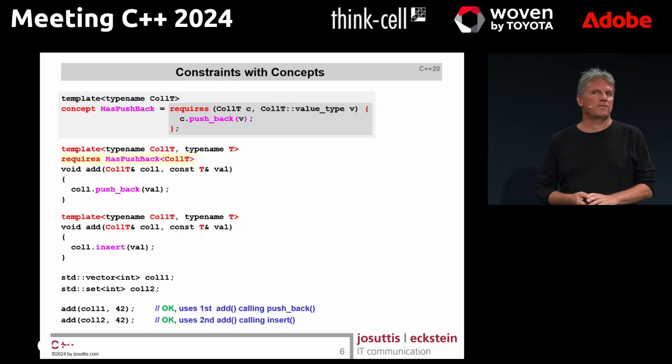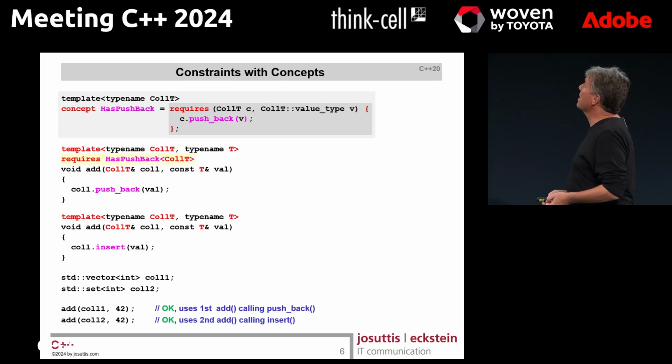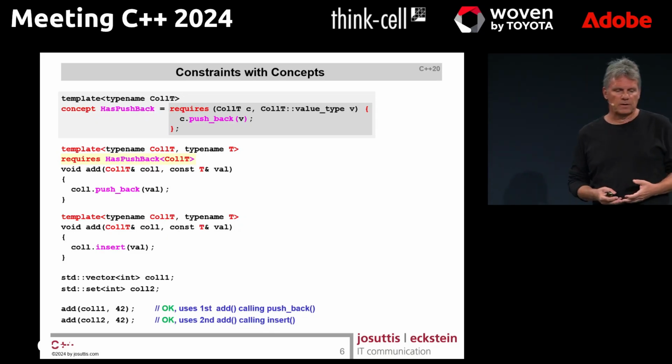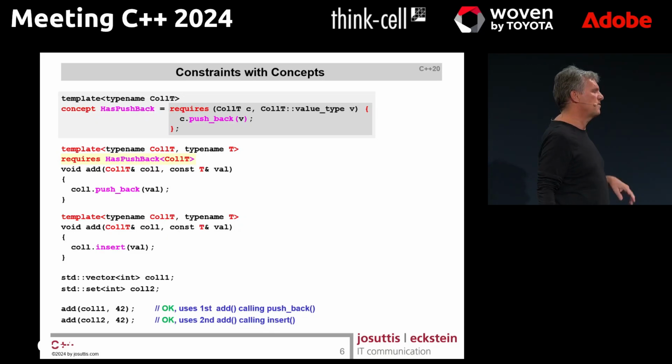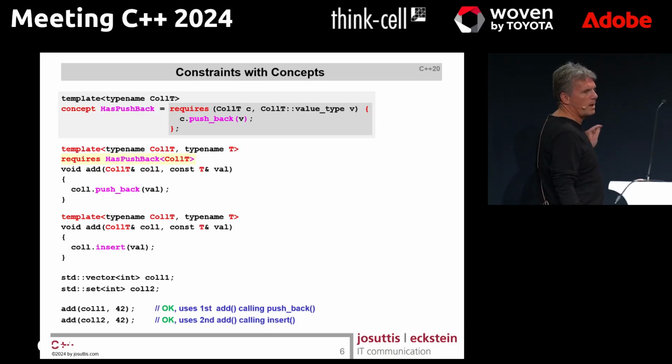The concept says, if there's a type called Coll T, it satisfies HasPushBack if the following requirements in the dark gray area on the right are valid code. The thing on the right has to be valid, and you have to read it the following way.